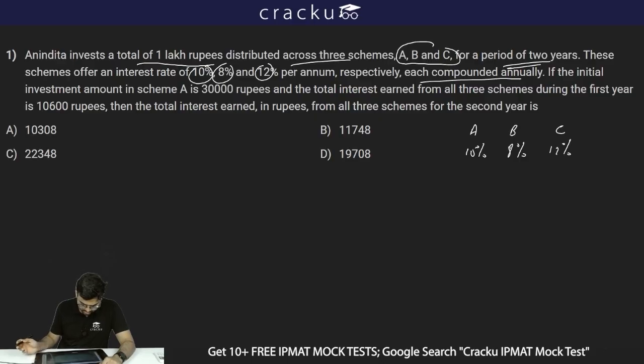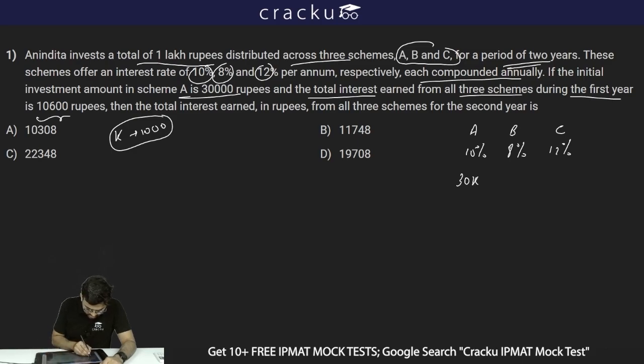If the initial investment amount in scheme A is rupees 30,000, I'll represent 30,000 as 30k, where k represents 1000. So 30k in scheme A, and the total interest earned from all 3 schemes during the first year is 10,600 rupees.